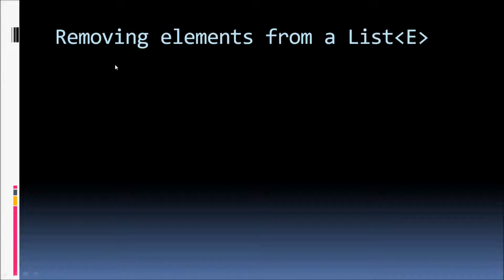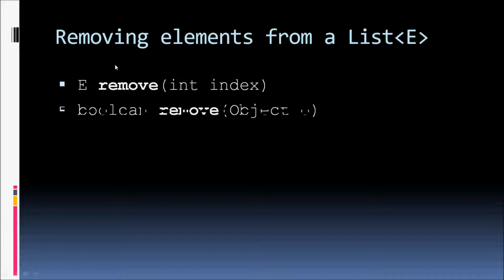To remove elements from a list collection, the List interface defines the following methods. Remove with two overloads.